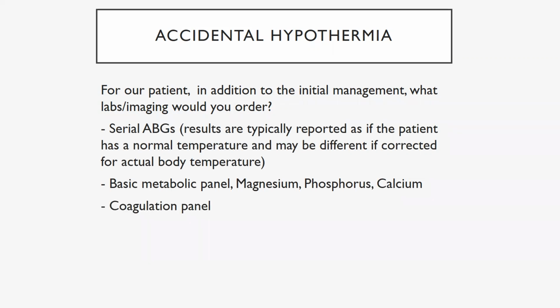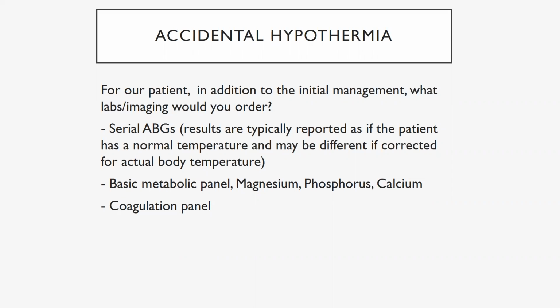The other big thing you want to check for in these patients is the coagulation panel, right? Because with temperature issues, be it hypothermia, the proteins will denature, right? So you can have issues with coagulation. So make sure you check a coagulation panel, especially for somebody who's found down and you don't know what happened. They might be bleeding internally, especially with the stress of the hypothermia, and you may not know.